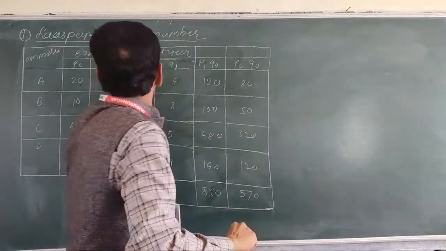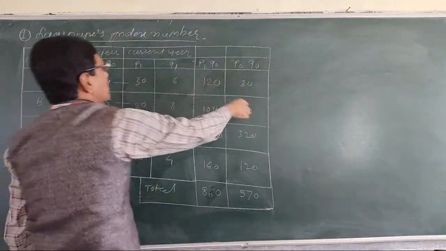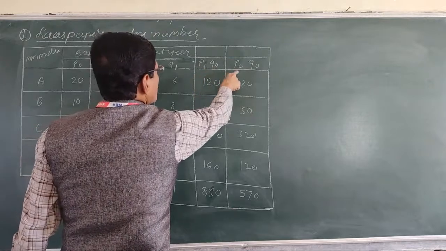Clear? Okay, इथपर्यंत प्रश्न आहे, फक्त पुढे तुम्हाला काय करायचे, लास्ट पेज सेंटेन्स नंबर मध्ये P1 Q0, P0 Q0.